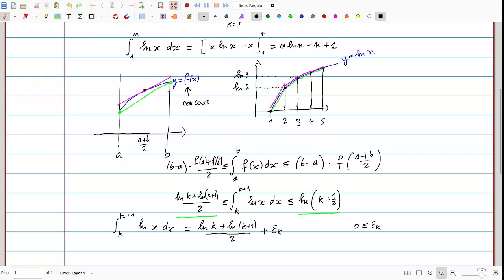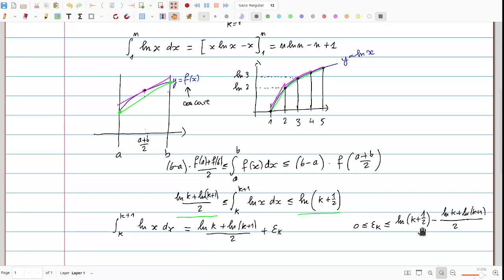of course, and is less than the difference between the upper and lower bound. So this is less than the logarithm of k plus 1/2 minus the logarithm of k plus the logarithm of k plus 1, divided by 2.